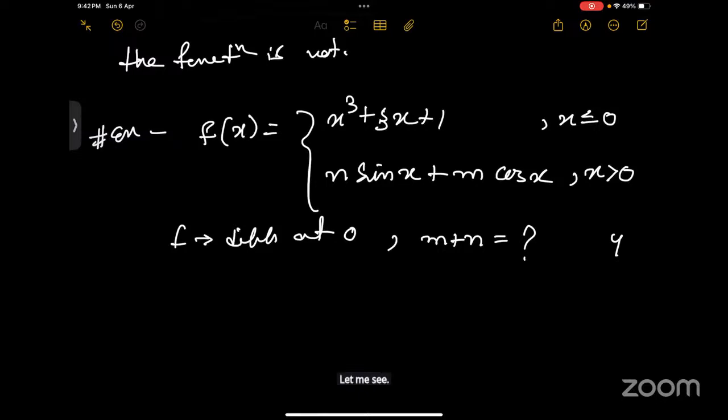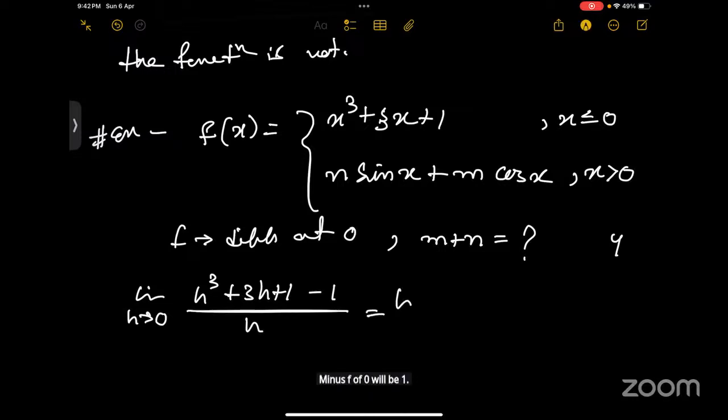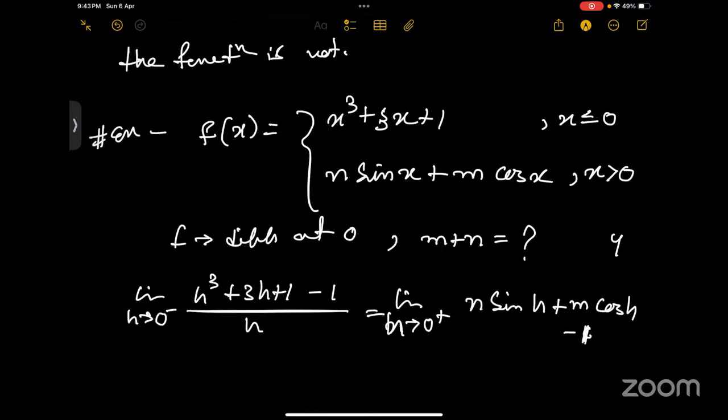Similarly, we will use the definition. So limit h tending to 0 of f of h minus f of 0, over h, equals to... Right?